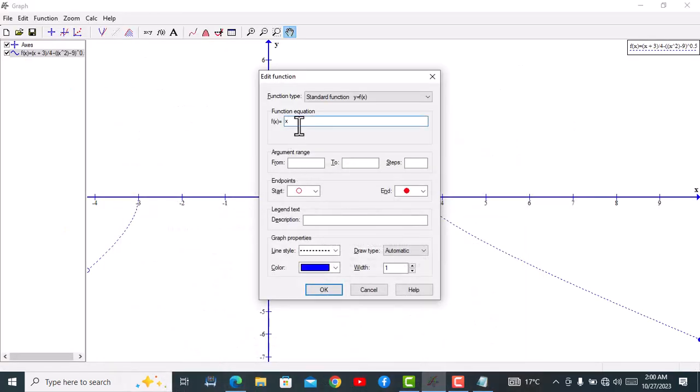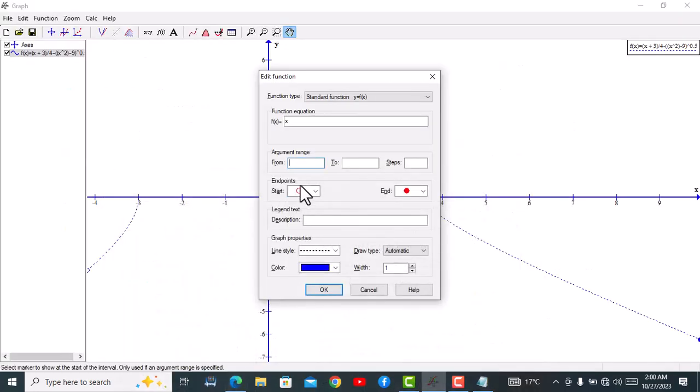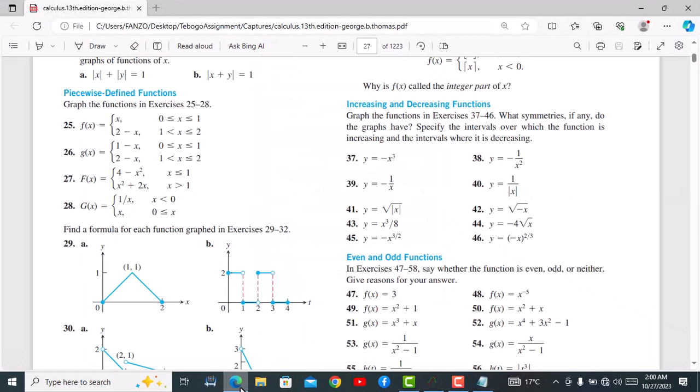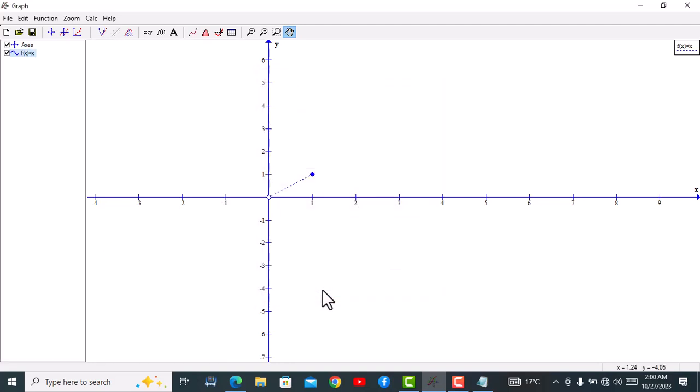There it is, a straight line, but the argument range, they say x should be greater or equal to 0. Okay, so 0 is included, and then where should it end? x should be less or equal to 1. There it is. And let's just try to draw that graph. So this is just the beginning and the end.